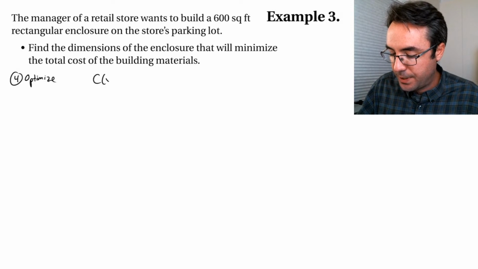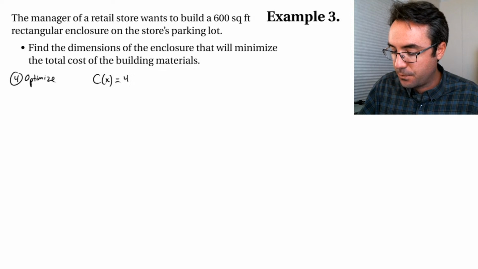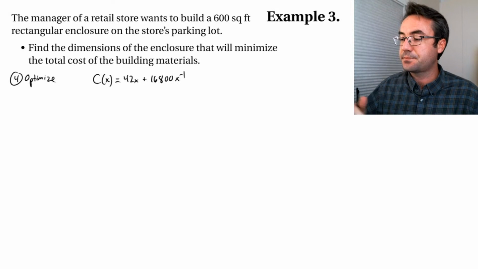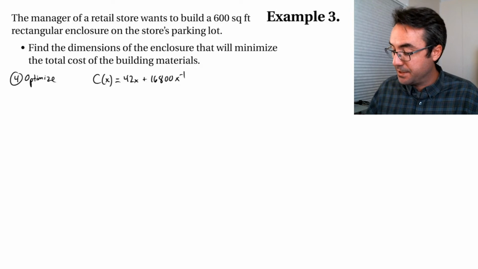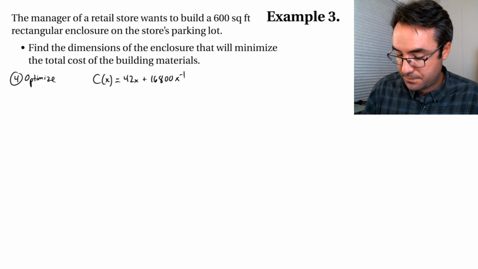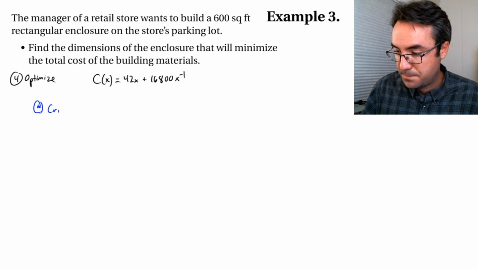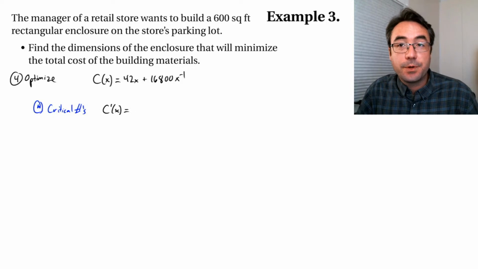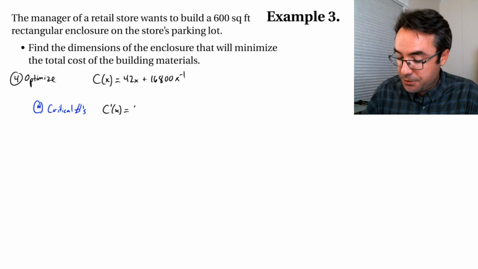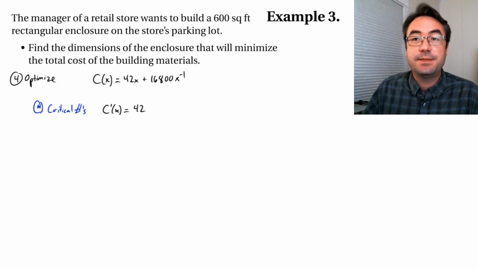So our cost equation in terms of one variable was 42x plus 16,800 times x to the minus 1. And let's figure out the critical numbers of this function. So we're going to get C prime. So let's do the derivative. Derivative of 42x is just 42. And then we differentiate that other term.